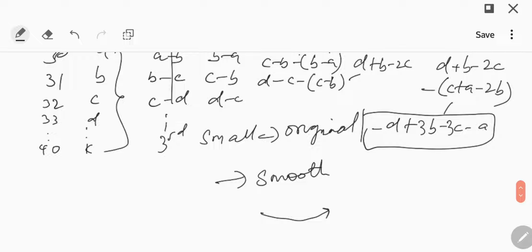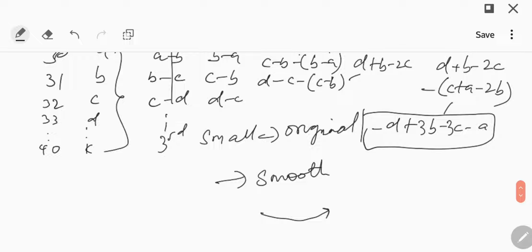So the important test for graduation is that the third difference should be much, much smaller when I compare it with the original graduated rates, and along with being small, they should increase gradually with respect to age.